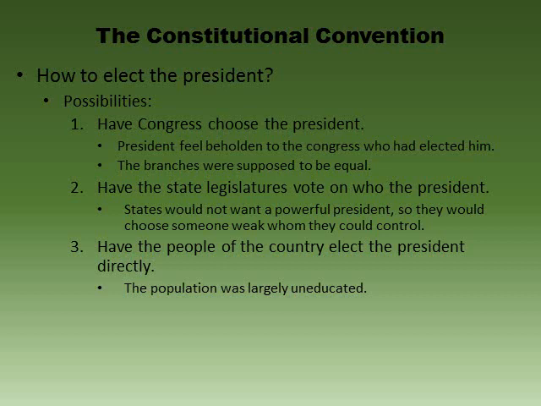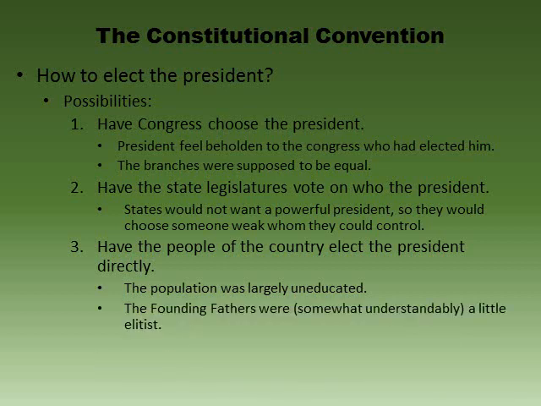So largely the population was illiterate, hadn't probably had much, if any, school. And so the people who were drafting the Constitution, who were educated and very smart, really didn't like that idea of the uneducated masses trying to pick a president, because they didn't think they really had enough knowledge to do that. So that didn't seem attractive to them.